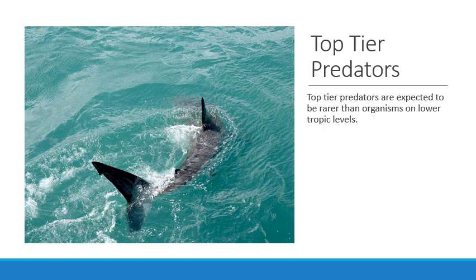Now, if you think about rare species versus endangered species, top-tier predators are often going to be rare species, not necessarily endangered species. And that's because you need so much fewer top-tier predators than you would the organisms they prey upon.